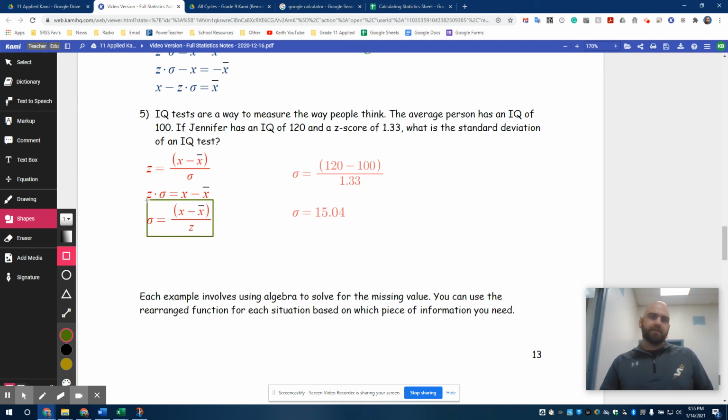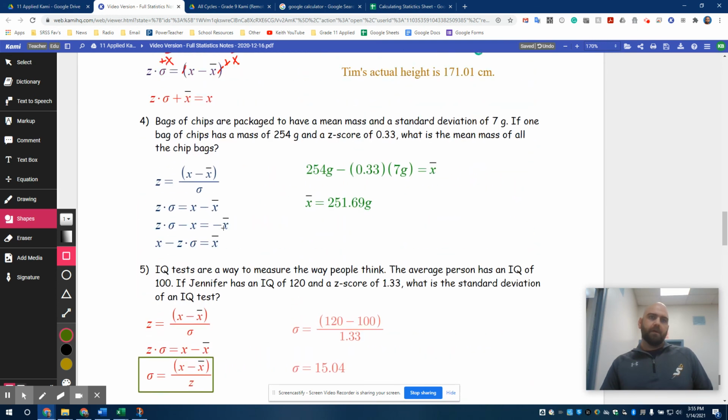This one here is to solve for standard deviation. This one right here is to solve for mean. And this one up here is to solve for a data point. Plus, we have our regular z-score formula that we can use to solve for z-score.